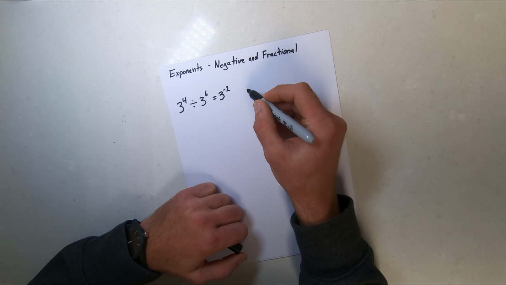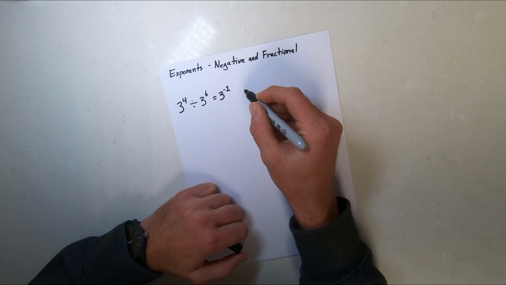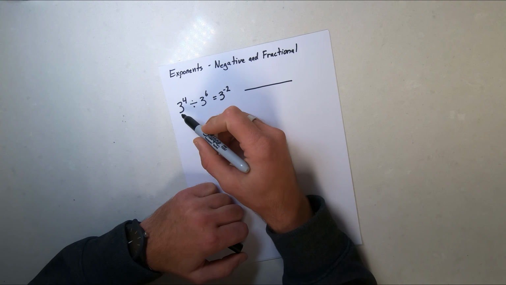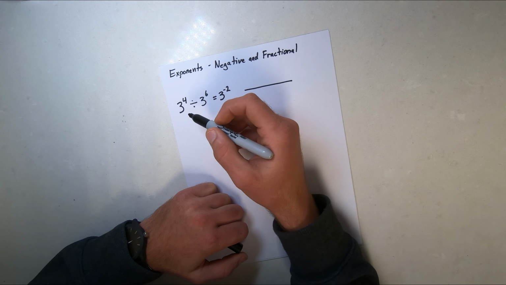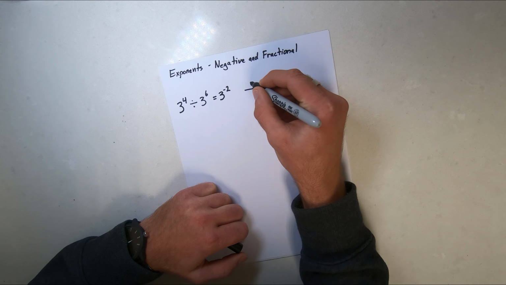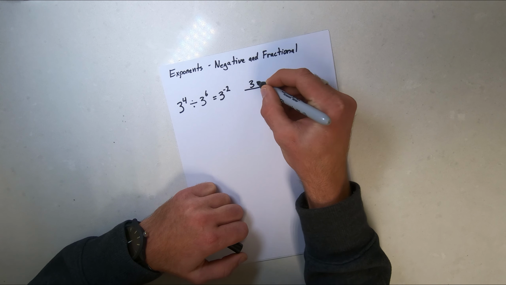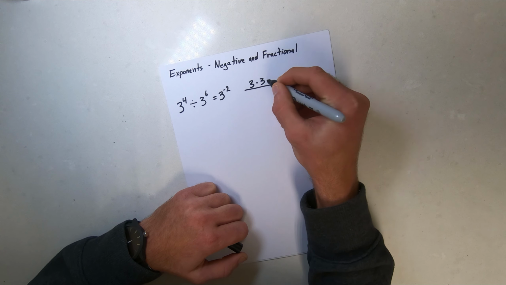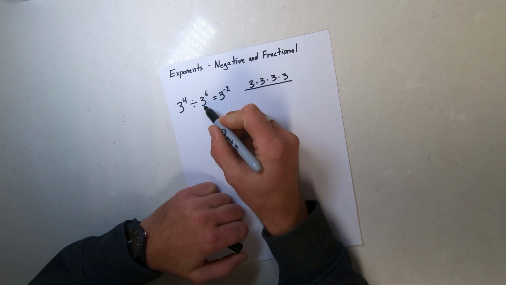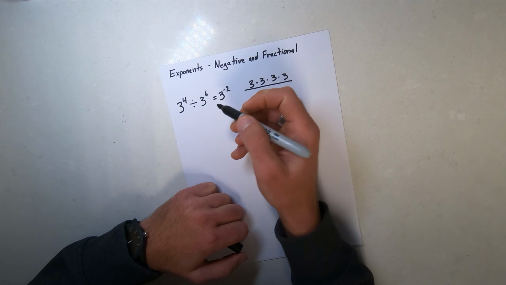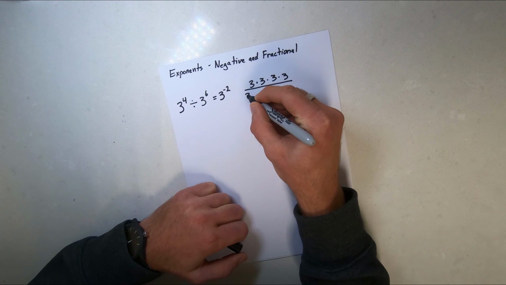Well, if we draw out the problem in fractional form, let's say we have 3 to the 4, that means 3 times 3 times 3 times 3, so 4 times. So in the numerator we have 4 3's, and in the denominator we have 3 to the 6, so 6 3's.